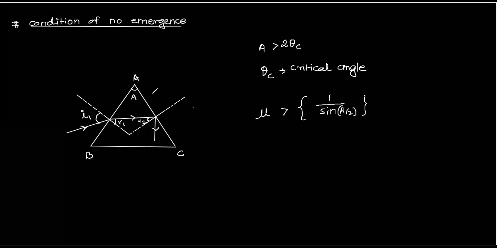Then the ray will not go out. That is, the total ray will be inside the prism only. No emergent ray. So emerging light is not possible here by achieving these conditions. Right? Note down.